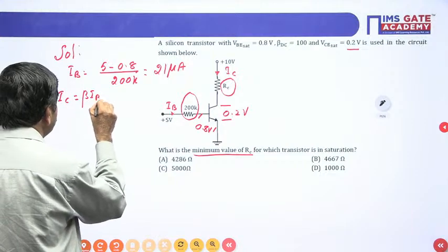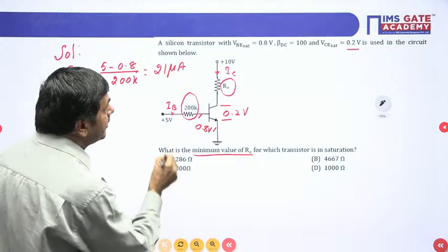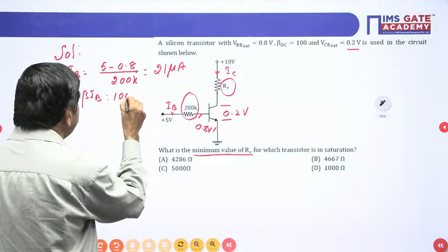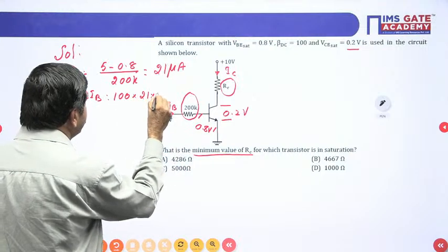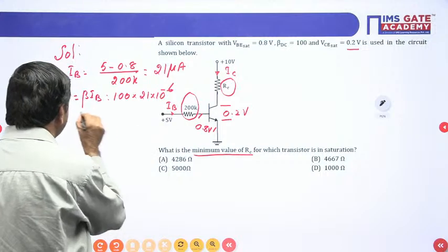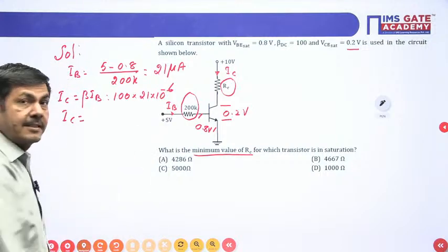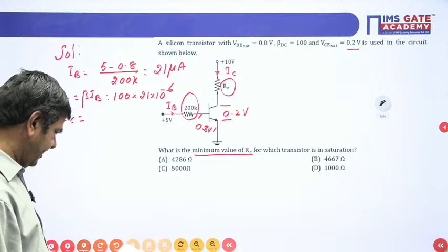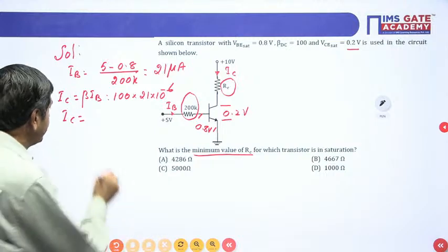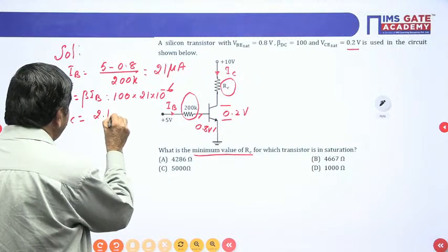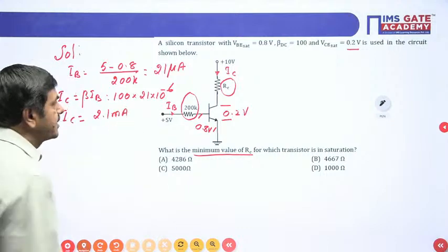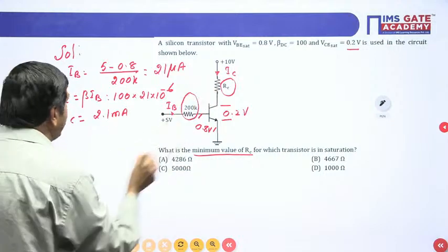Beta is given in the problem as 100. 21 into 10 power minus 6, so finally the collector current is 2.1 milliamperes. Then I can determine the RC value.